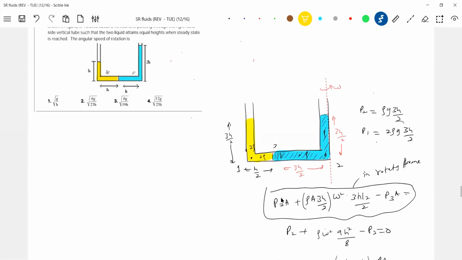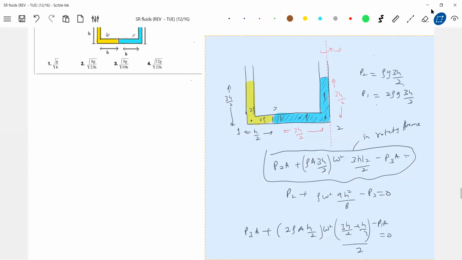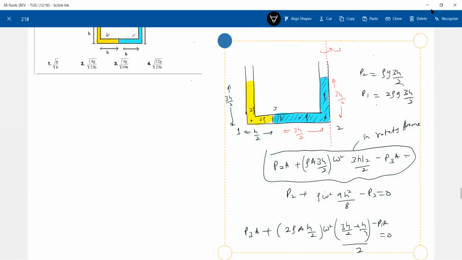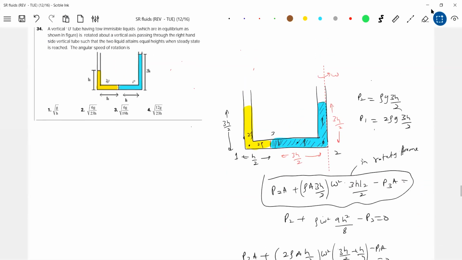Let's get into the. Okay, able to see complete? No, they're still not visible.